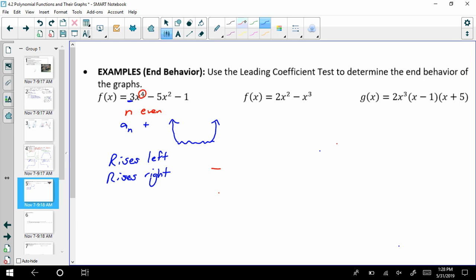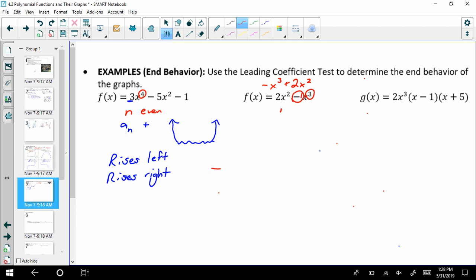Now the next one is a dirty trick, and you have to watch out for this. What is the highest exponent? 3. And what is the leading coefficient in front of it? It's a negative 1. So this one they didn't write in order. If I had written it in standard form, it would have looked like this. So be careful that you are identifying the largest.